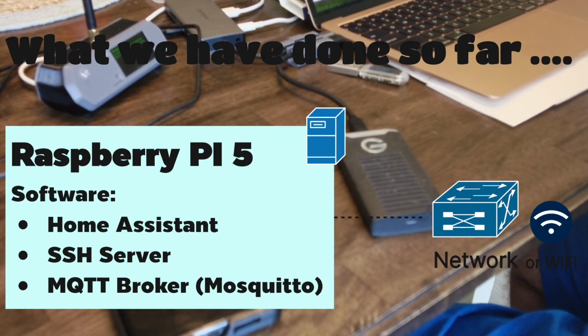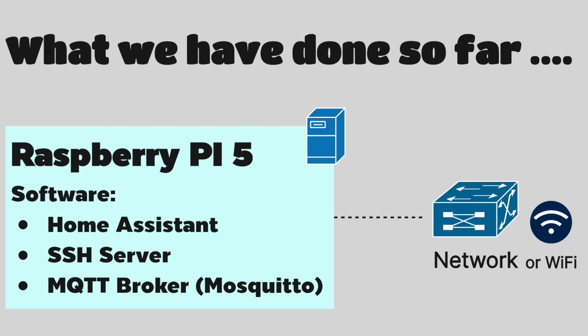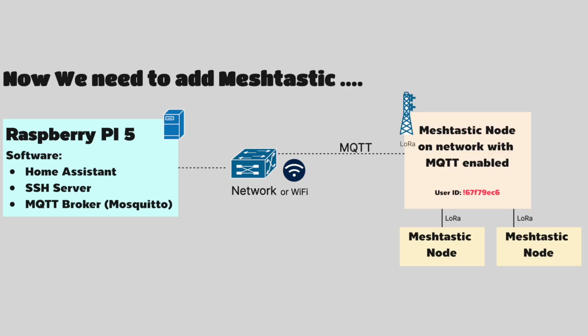So now comes the part where we have to edit the files. And that is adding our Meshtastic nodes to this MQTT server, using MQTT on the Meshtastic nodes. So I have to designate one node to be my MQTT gateway on my network, and I chose my Linux server to do that.